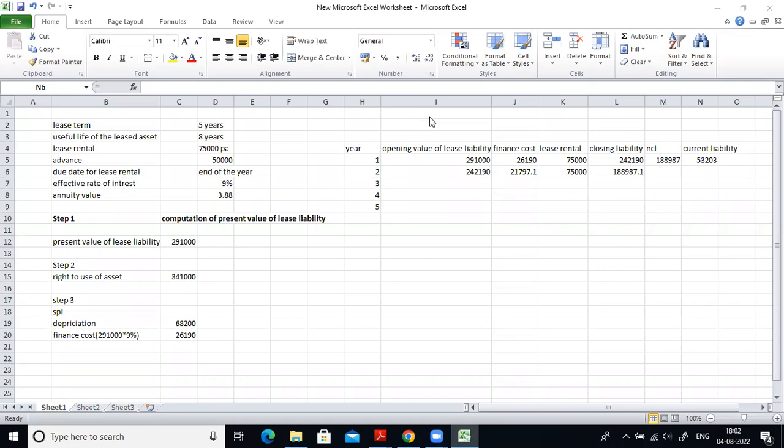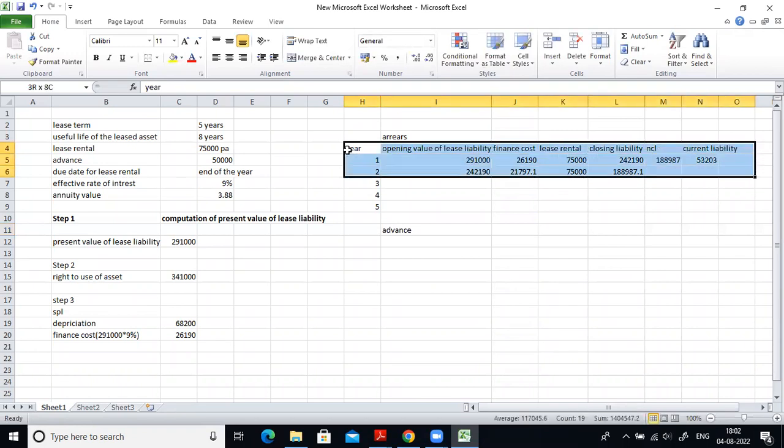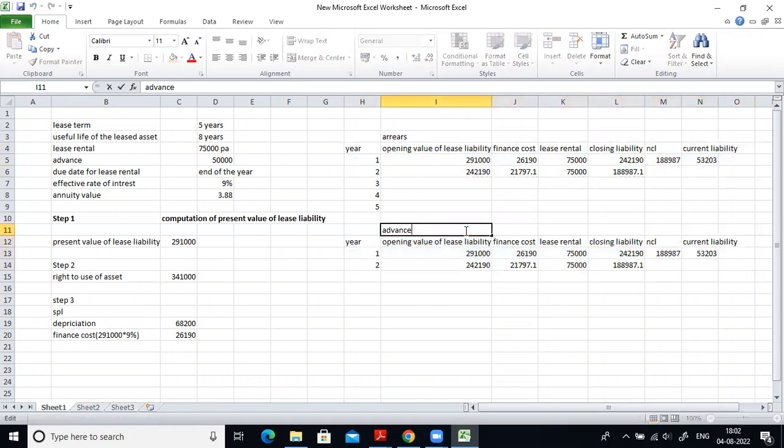And similarly, suppose this is for arrears, and if the lease rentals are paid in advance, now here advance means we are assuming that the lease rentals are paid at the beginning of the year.